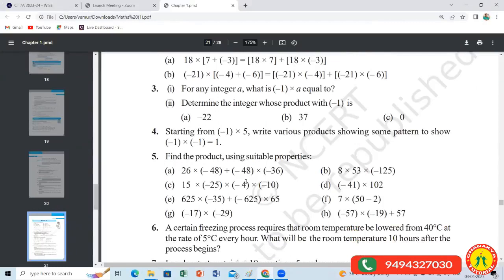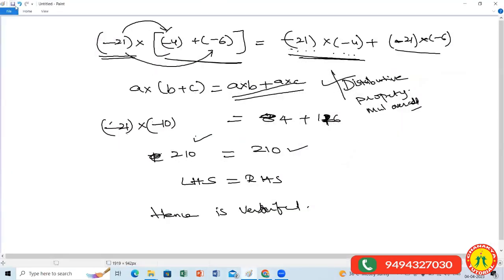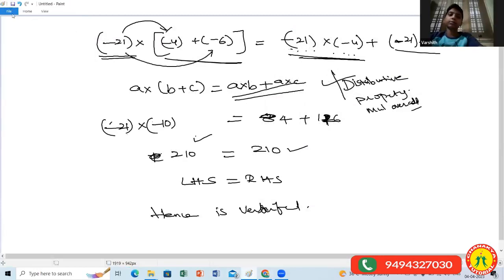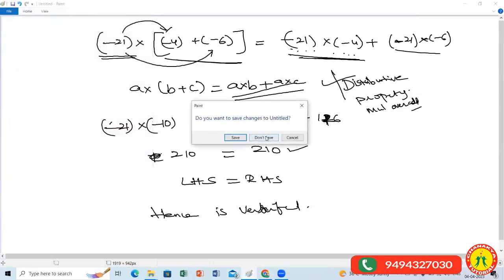If we multiply minus 1 with any number A, you will get minus 1 into A, which is minus A. Very good. Minus 1 into A is equal to minus A.